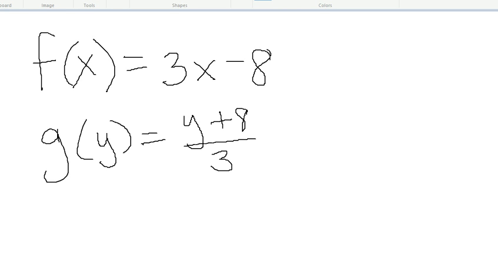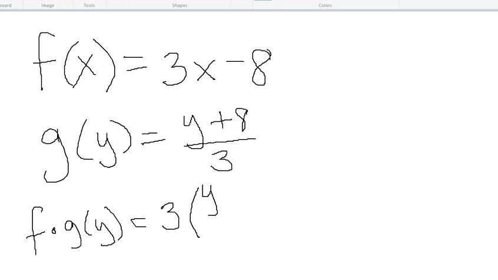We can see that g of y is the inverse function of f of x by considering the composite function f composite g of y. And we'll go ahead and put in the function y plus 8 over 3 for the value x minus 8.